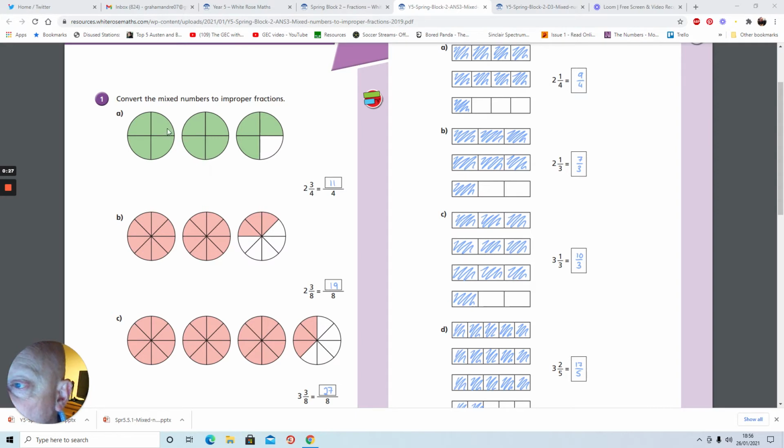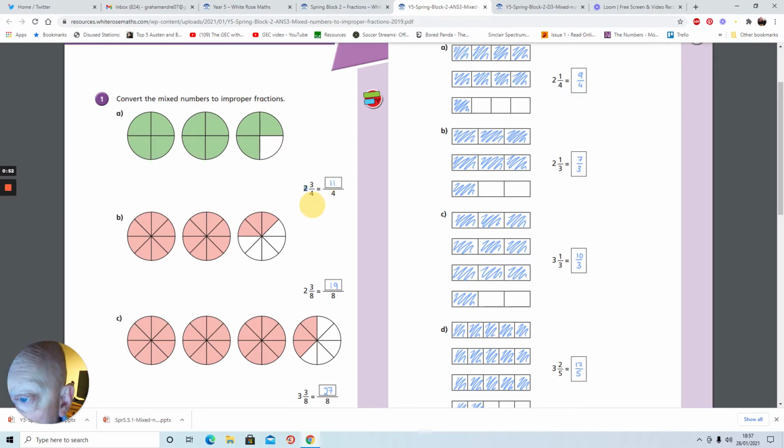So basically we've got to convert this mixed number, which is 2 3/4, into an improper fraction. And straight away we know that we are working with quarters because the denominator is quarters, and that will always stay the same. We don't change that. If we do, it starts to get very complicated.